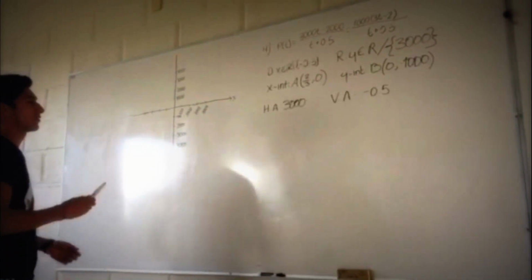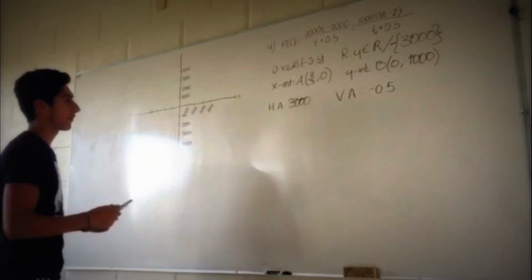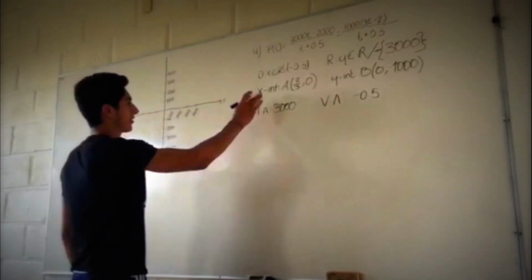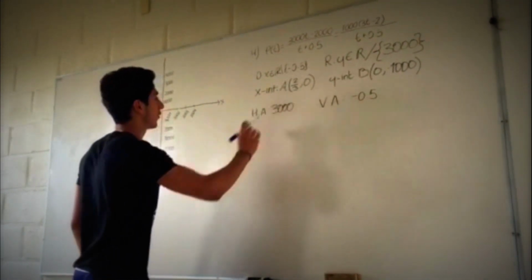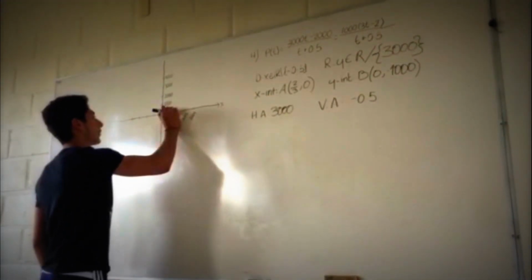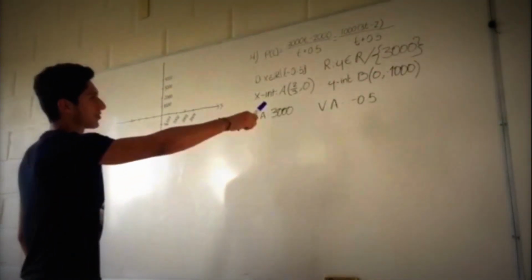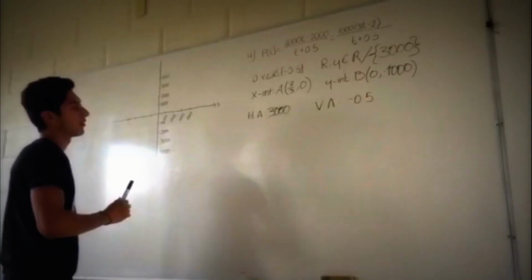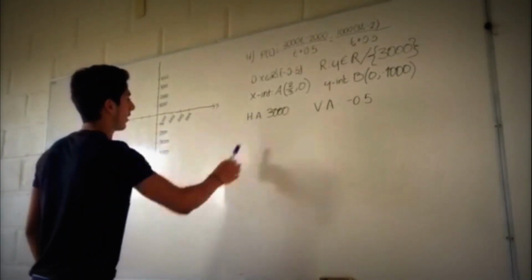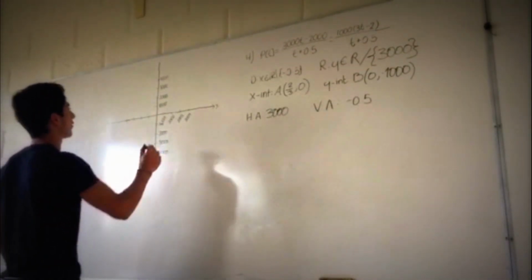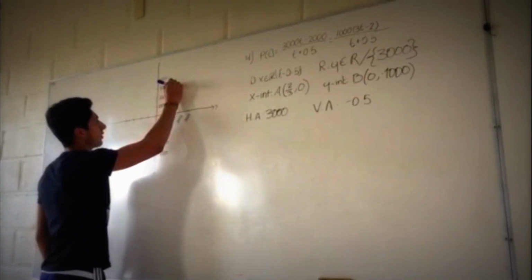After getting all the information we need to graph, we're going to graph. We got the x-intercept at 2/3, so we're going to mark it right here, 2/3, more or less. The horizontal asymptote will be at 3000, so that will be here.